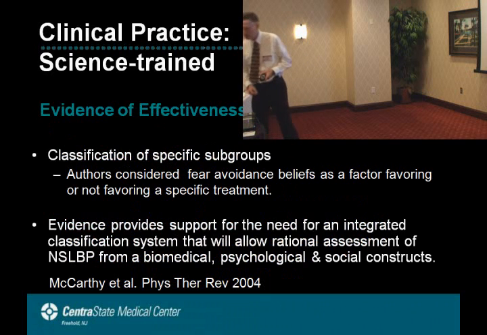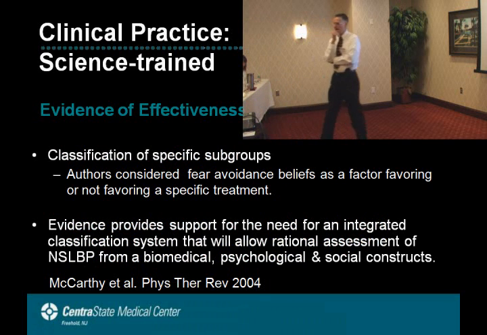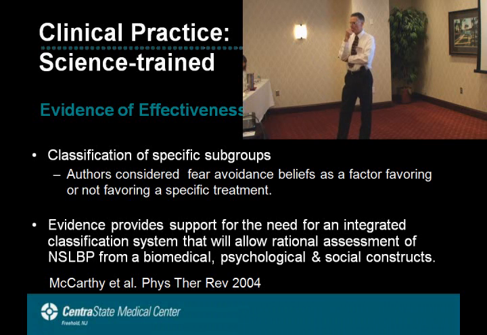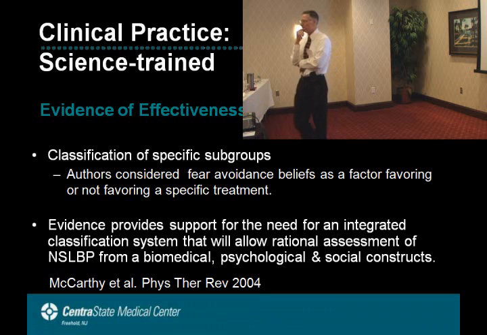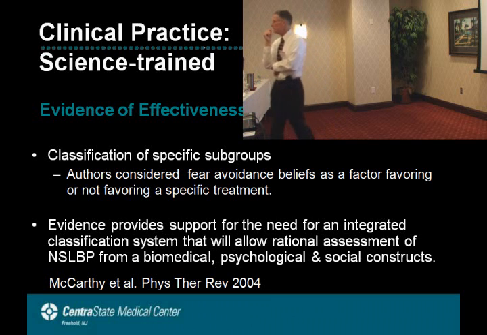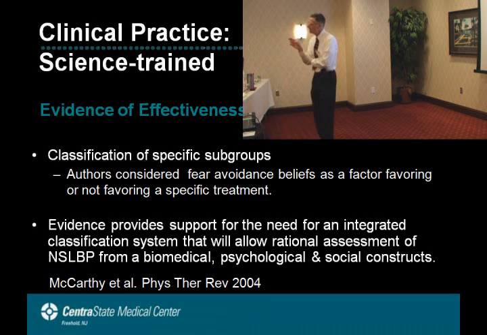Okay, let's go forward. There's a caveat that I found very interesting when I read about these classification systems by Delitto and Brennan and others. The caveat is that, you know what? We came up with this great algorithm and we think this is the right treatment, but there are still intrinsic or extrinsic factors which favor or do not favor success.